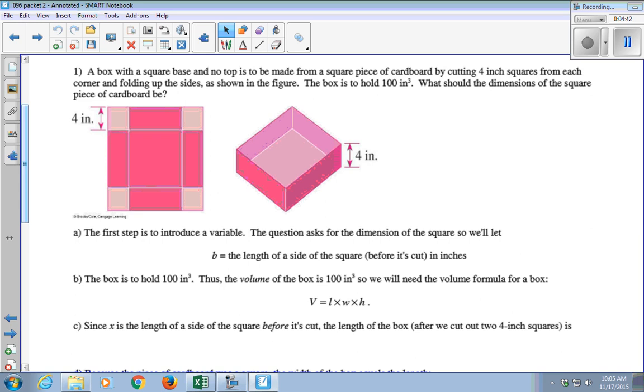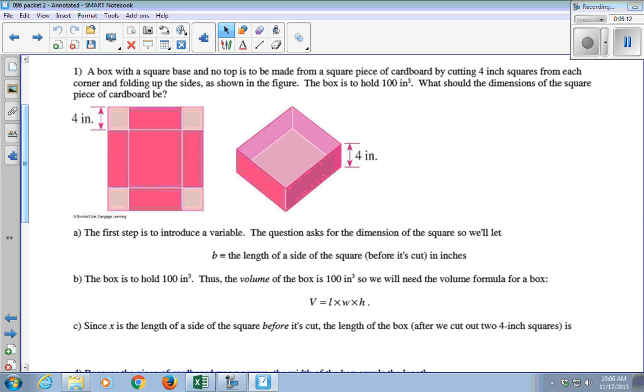Okay, so here's my piece of cardboard. If I rip squares out of the corners, which is not the most precise way to do it, I ripped a square out of every corner, so it looks like a weird cross.